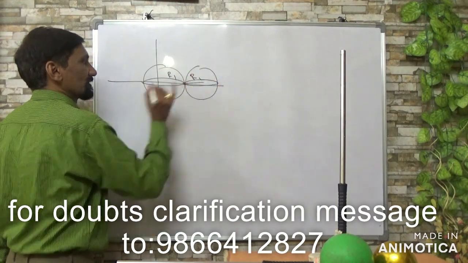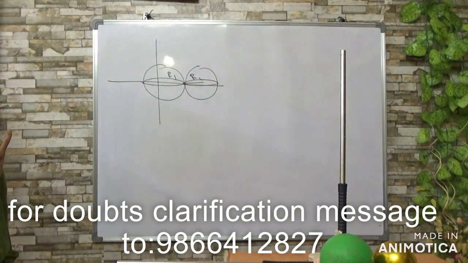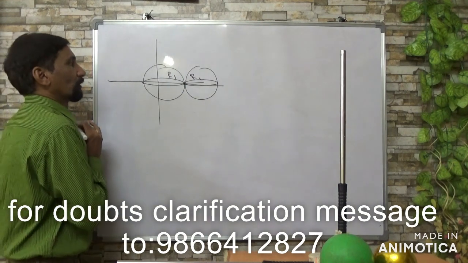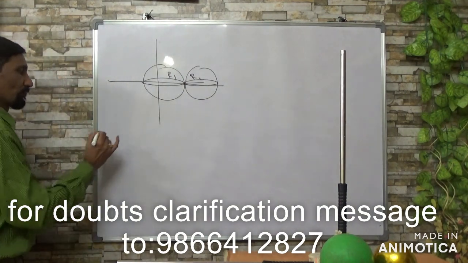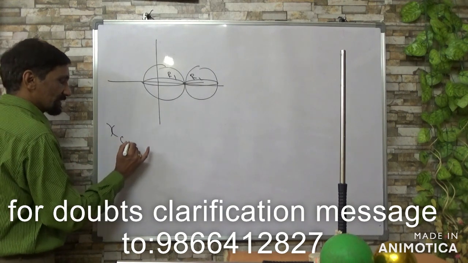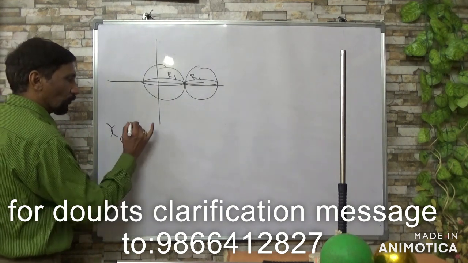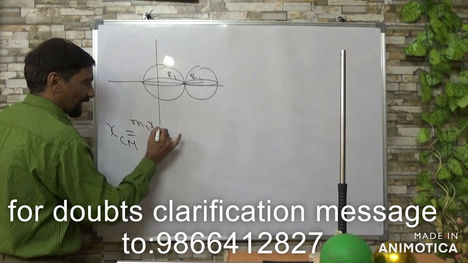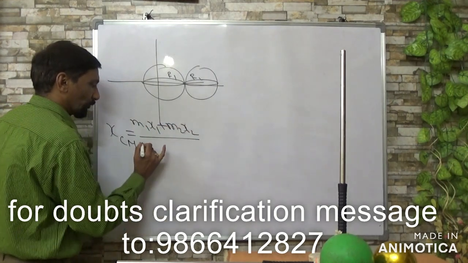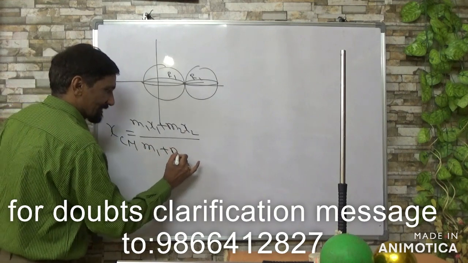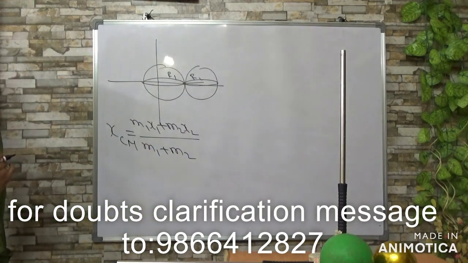of radius r2. So you know the formula we use to find the coordinates of center of mass. Remember, xcm is equal to m1 x1 plus m2 x2 by m1 plus m2, right?